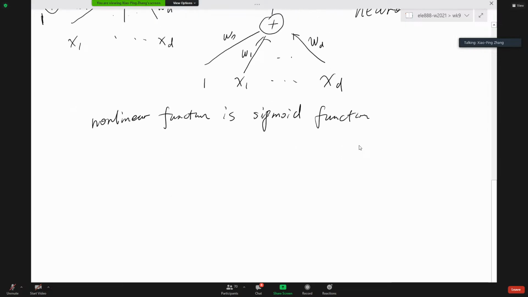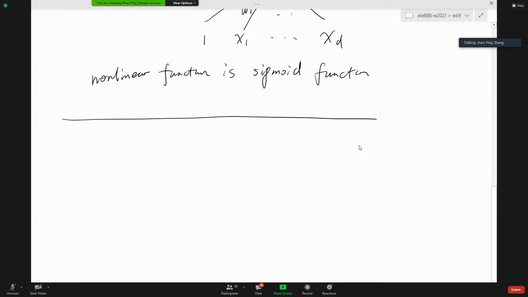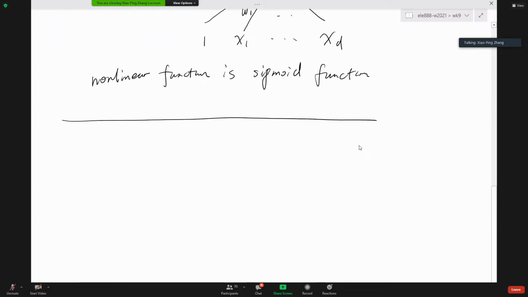So why are we doing this? Let's consider the case. Basically, at the end we have g(x), and g(x) is a decision boundary. You can arbitrarily draw your decision boundary, so you can pretty much discriminate anything.